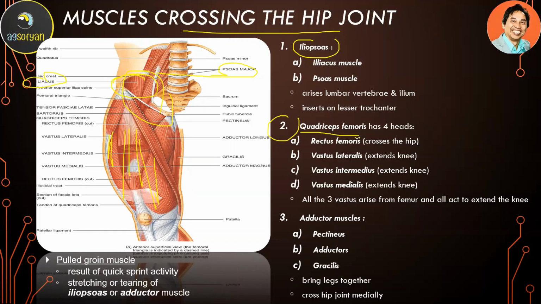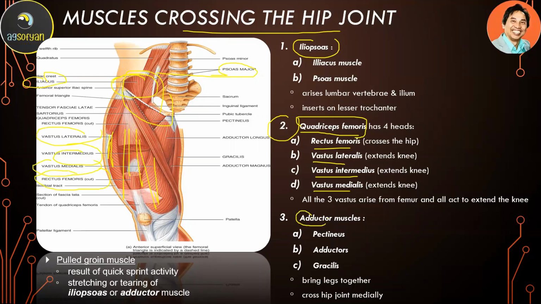There are four muscles: rectus femoris, vastus lateralis, vastus intermedius, and vastus medialis. So these are the groups of quadriceps femoris muscle, four of them.